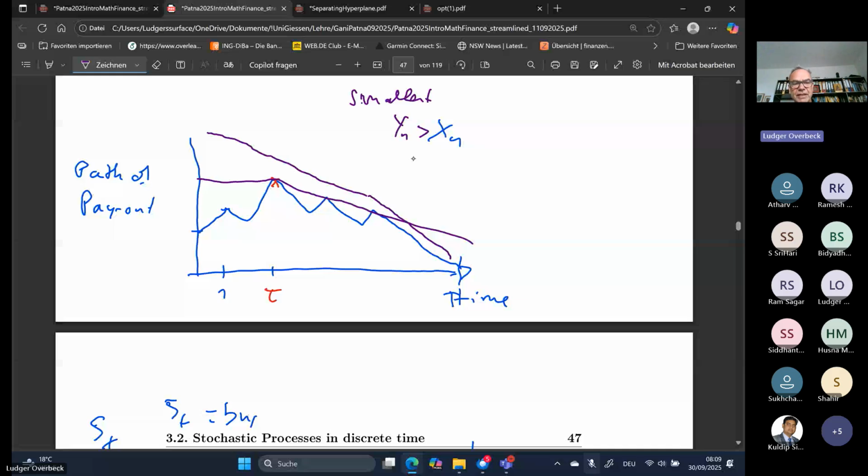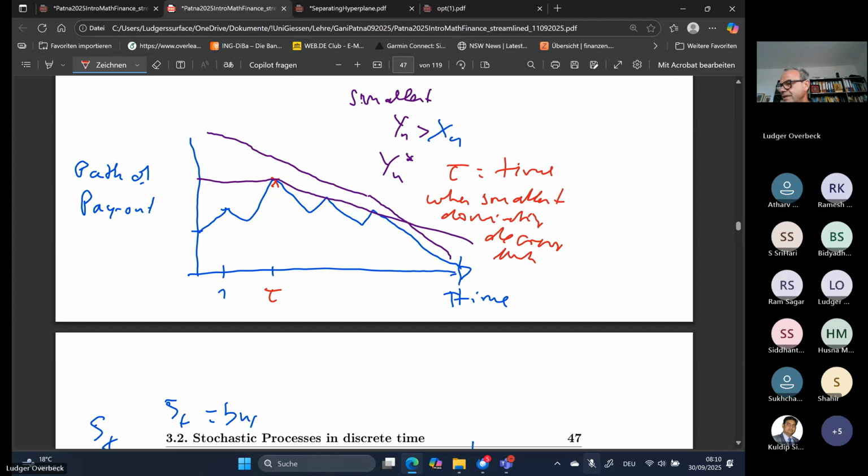That's the smallest one. And tau is the time when the smallest dominating decreasing function meets xn.